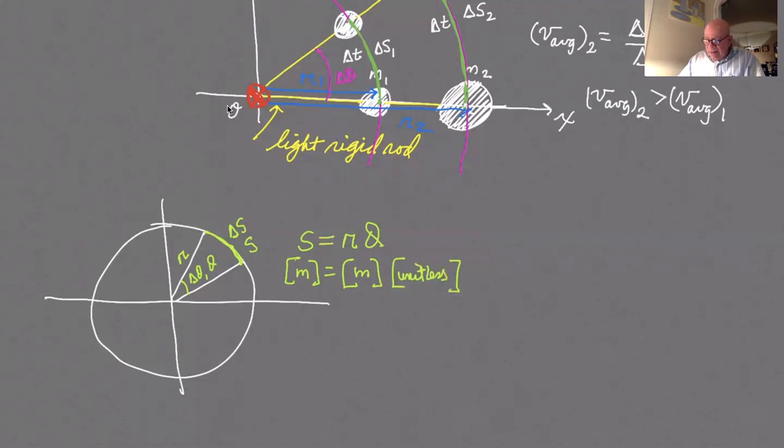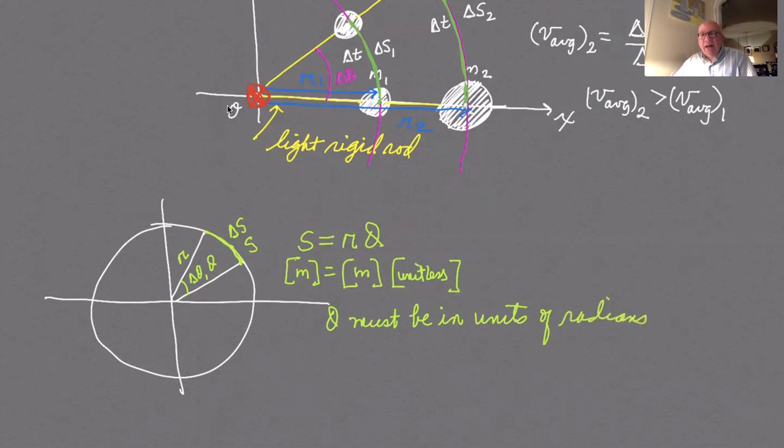As a matter of fact, theta must be in units of radians, which is really not a unit at all. This must be unitless to have meters be equal on both sides of that equation. So theta must be in units of radians.